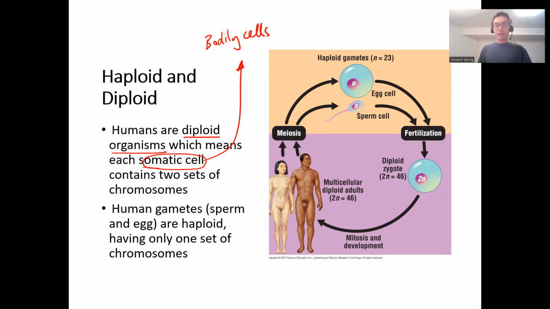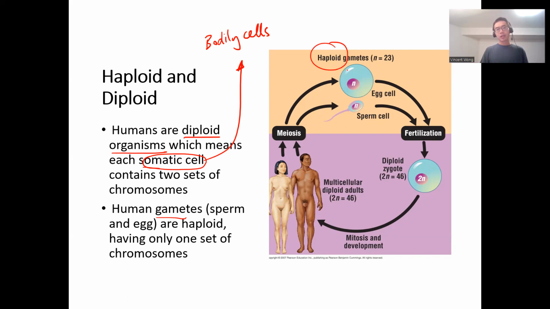So when the body produces the gamete, the sperm and the egg, as I mentioned already, because the number of chromosomes is half, they only have one set of chromosomes, and as such, we call them haploid.